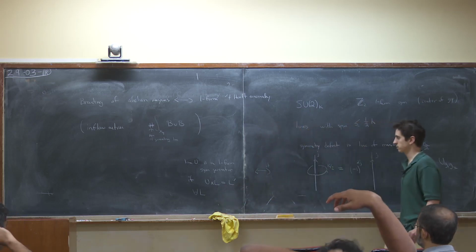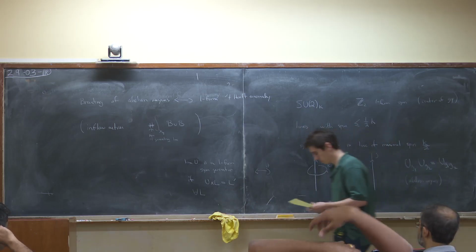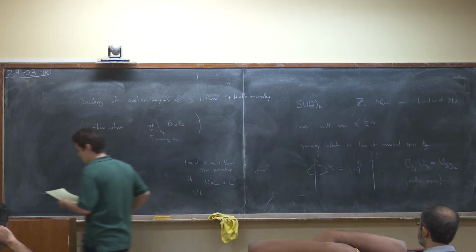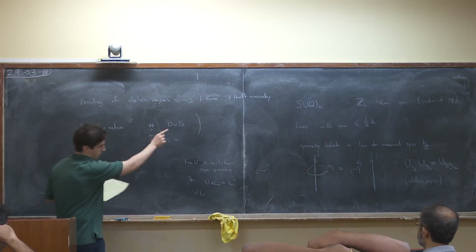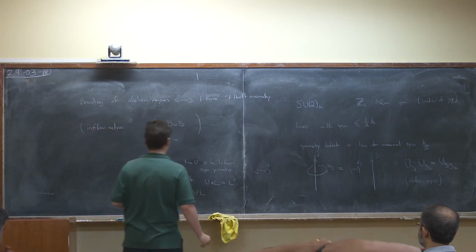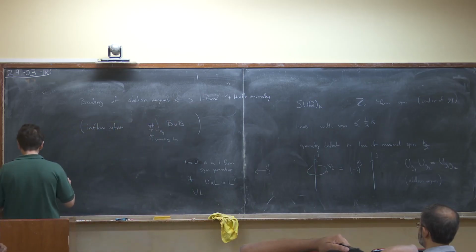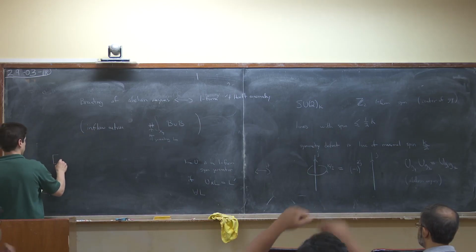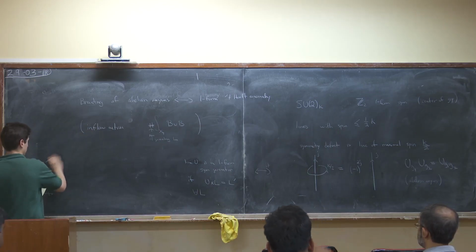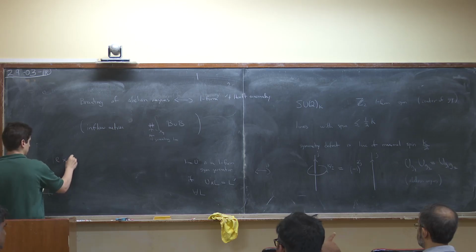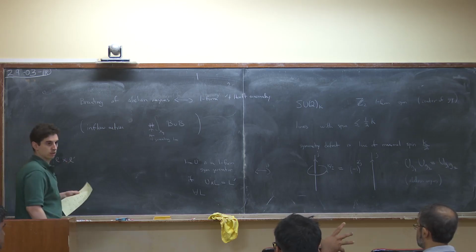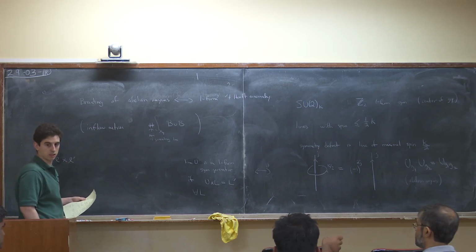So let me show you what I mean in this example. So the fusion algebra in SU2 level K is known. So I guess the statement is that in general these operators will form a ring. If you want, I want to make it group-like. Yeah, exactly.